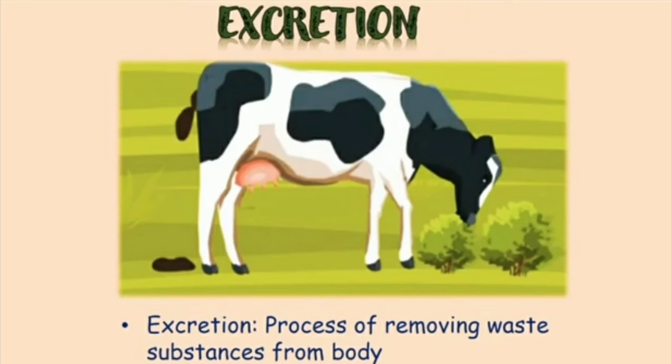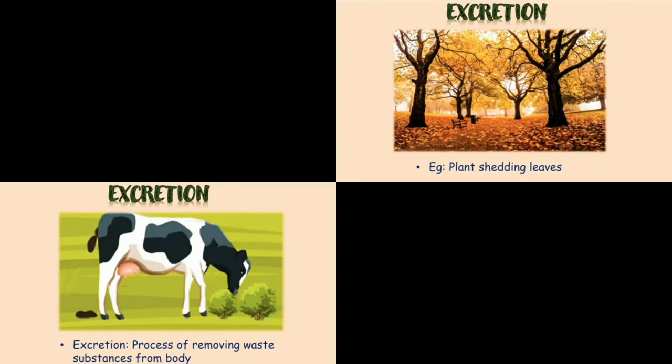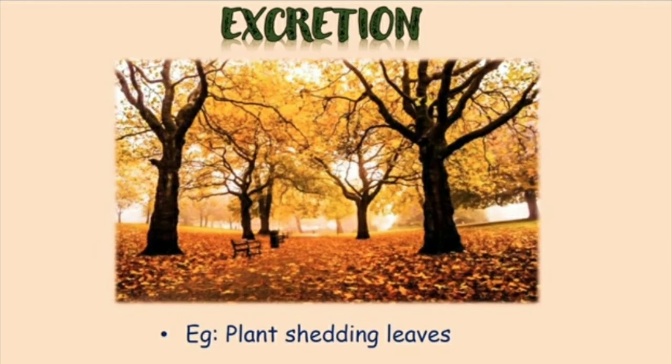Animals have specific organs for excretion. Now children, like animals, plants too excrete. That means plants also perform excretion.